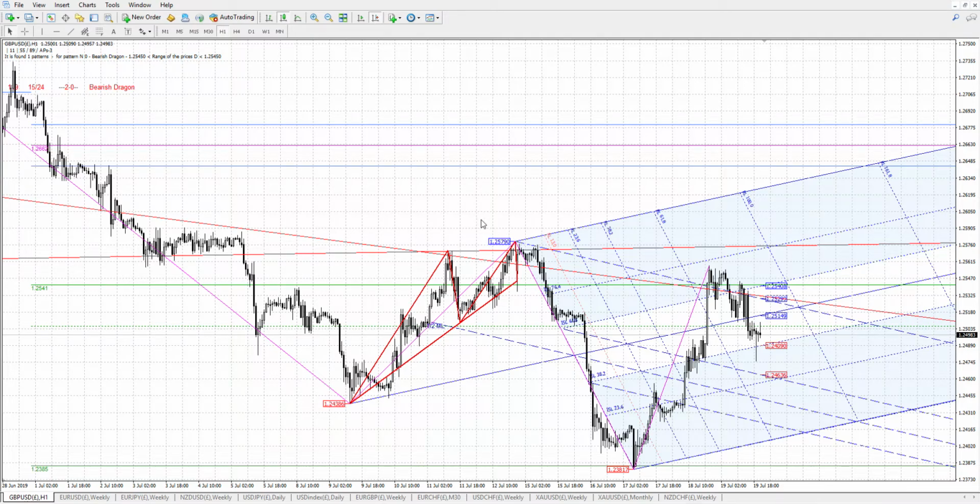But yeah, again we got that channel. Just got lots of descending channels on multiple time frames. Let's go here. You see how it creates it. So it looks quite bearish. I've got lots of lines on here now, so I have to delete them afterwards, but you get the idea.